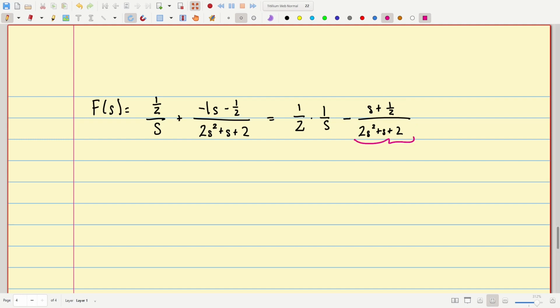So if we isolate this expression, I can factor a 2 out of the denominator, so that I have 2 times the quantity s squared plus s over 2 plus 1.